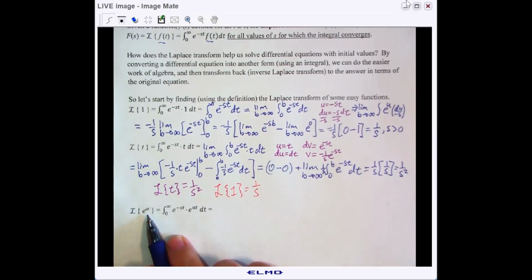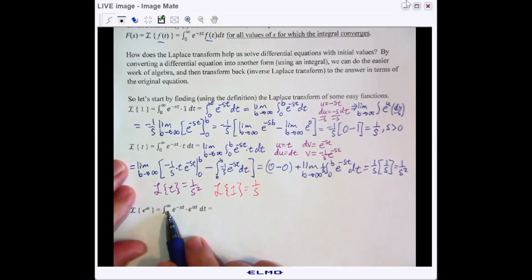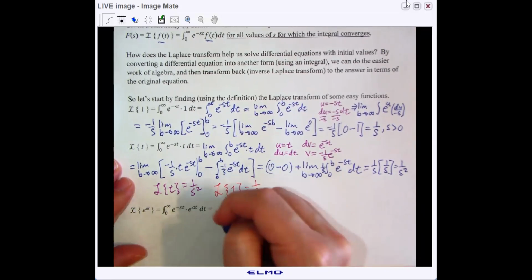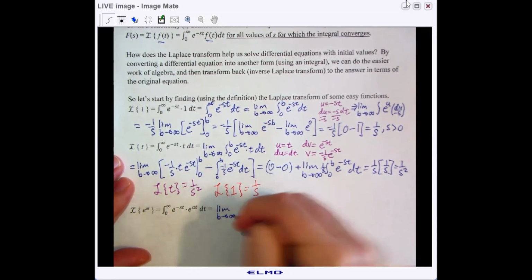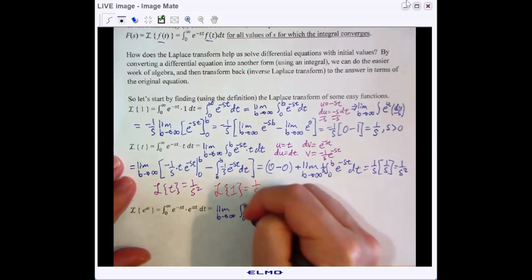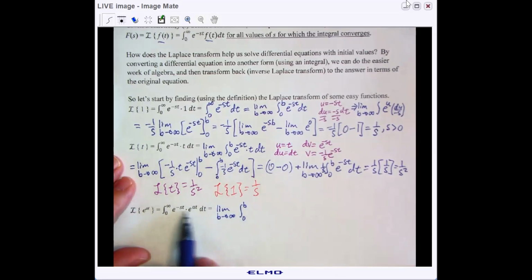Well, by the definition of what the Laplace transform is, it's going to be the integral from 0 to infinity of e to the negative st times e to the at, the function we're trying to take the Laplace transform of, which is going to give us the limit as b approaches infinity of the integral from 0 to b. And then using properties of exponents, they have the same base.